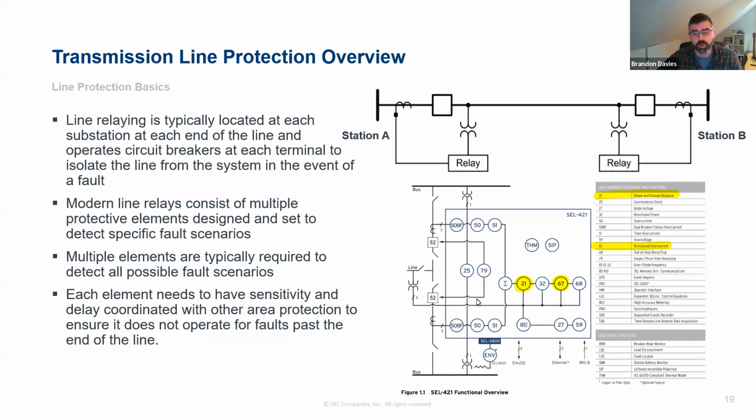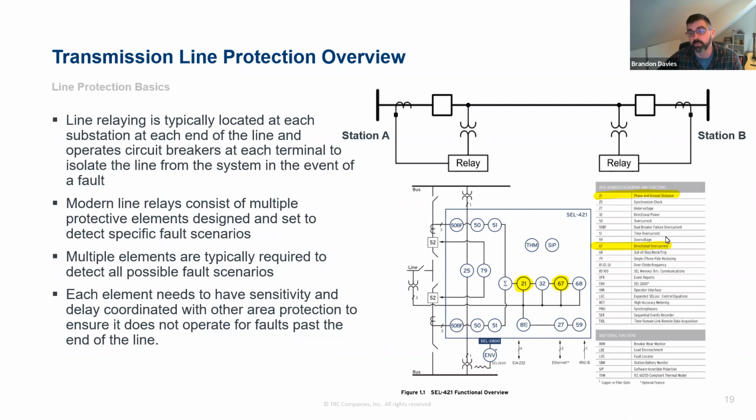So the way we'd approach it as a protection engineer is to take a look at each of those schemes, each of the elements, and apply a protection philosophy to cover specific events, specific considerations that we need to try to protect against.